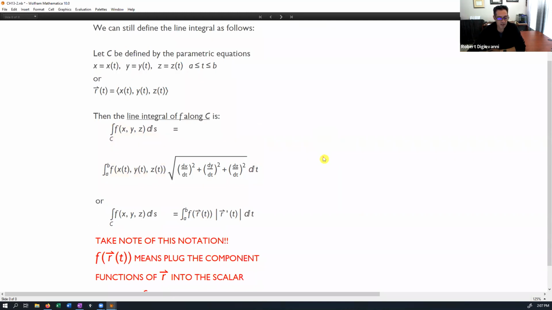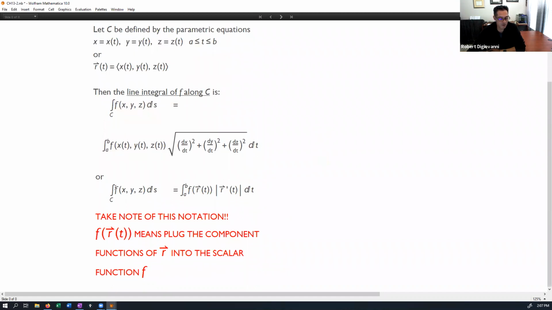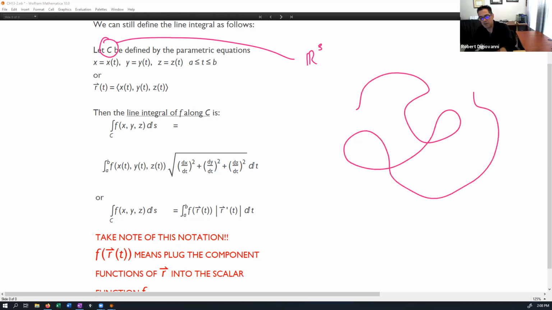But something really good is about to happen with our notation. I want everyone to try and understand that this line integral can now be written this way. Whoa, what is that? Well, what we're saying is that the curve C lives in three-dimensional space, and we learned back in chapter 10 that all curves in three-dimensional space can be drawn with vector functions.